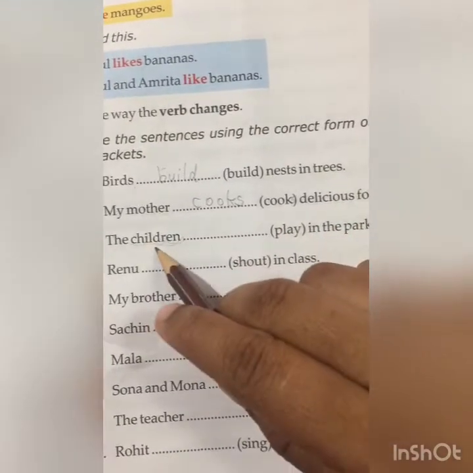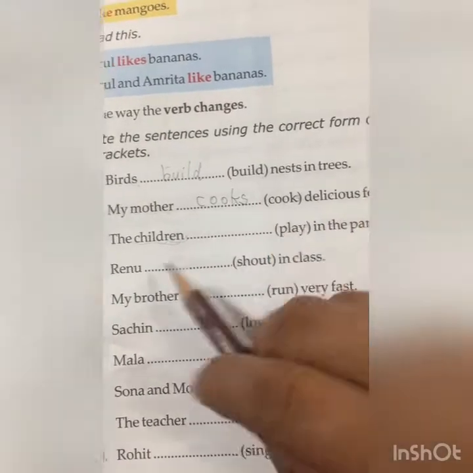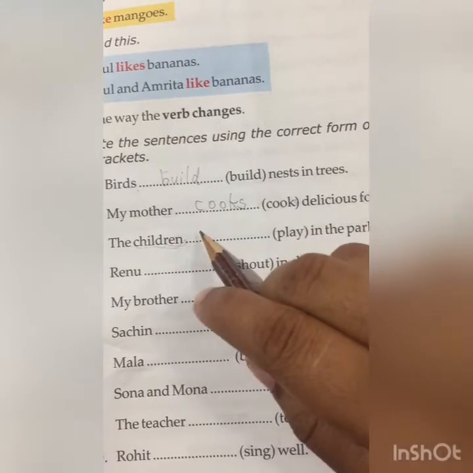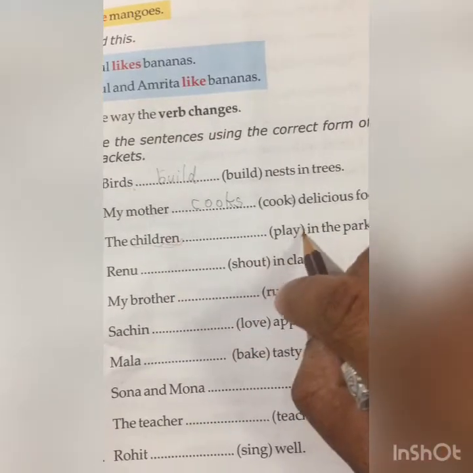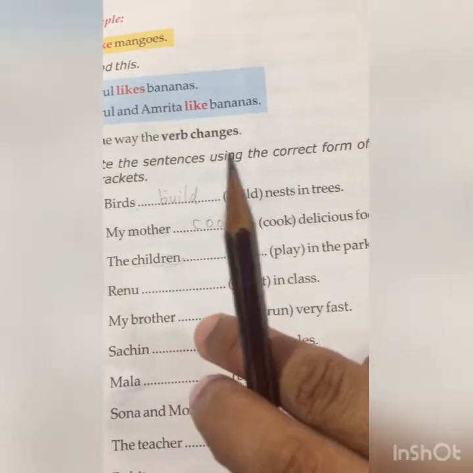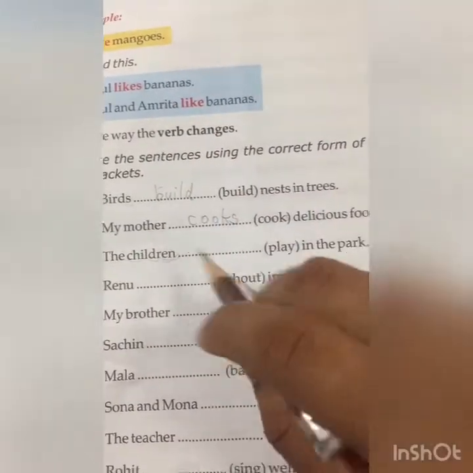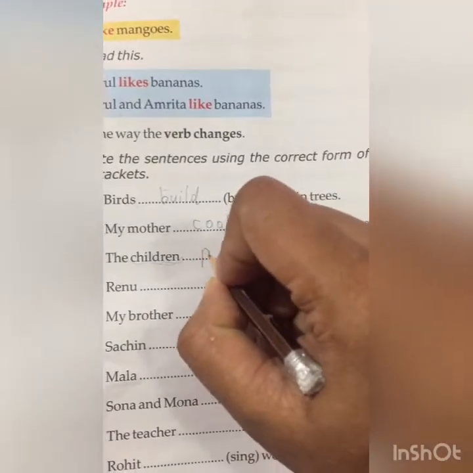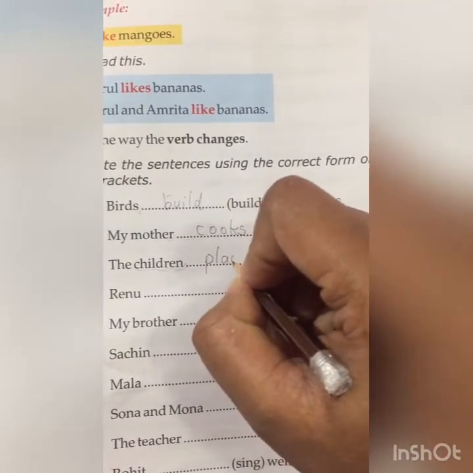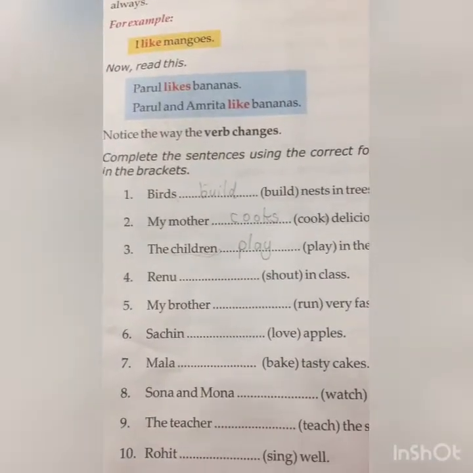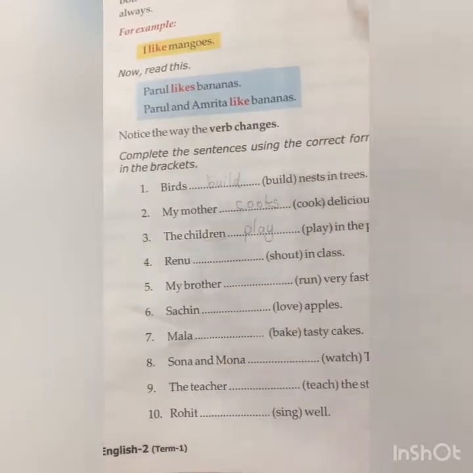If it is singular, you have to add an S. If it is the child, you have to write the child plays in the park. Now it is children, more than one child, so it is plural. So what do we write? The children play in the park. Like that you have to complete these sentences.